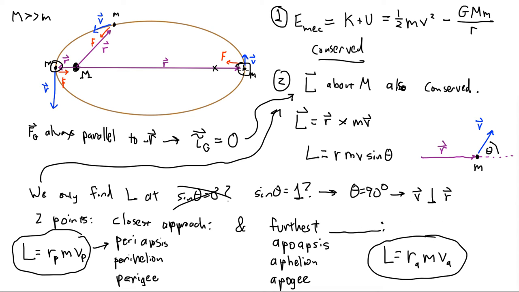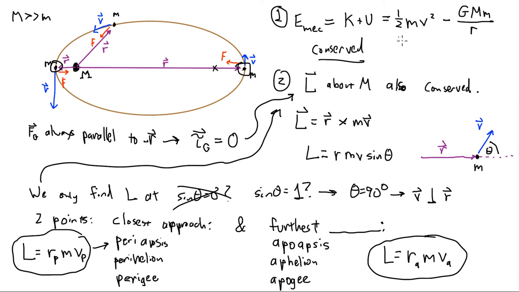If you get a problem about an ellipse and you're dealing with something at apoapsis and periapsis, or apogee, perigee, whatever, use this fact. You can calculate angular momentum at those 2 points, and it will be the same. You can use the equality of that as one equation, and then the fact that mechanical energy is conserved as the other equation.